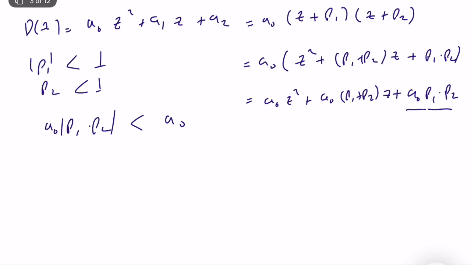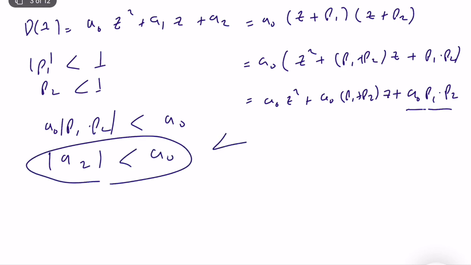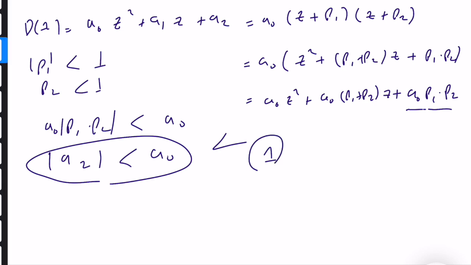What is the magnitude of a0 p1 p2? It's simply a2, so we can deduce that the magnitude of a2 should be less than a0. This is our first condition. It's easy to verify that this is also true when your poles are complex conjugates, which means that the magnitude of your last coefficient in the polynomial, a2, should be less than a0. This is condition 1, but it's not enough, and I will talk about that later.